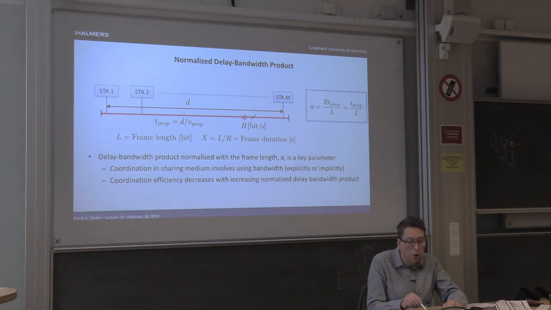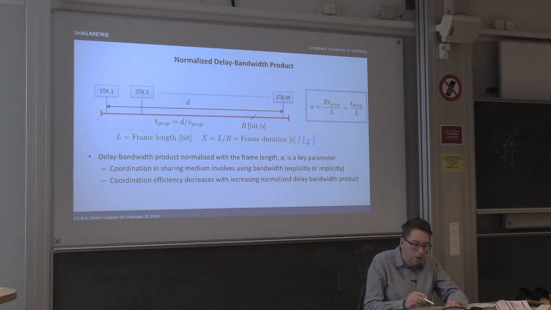The medium can support R bits per second. Remember that L is the frame length. Let's now introduce a new variable called x, which is L divided by R, and that's the frame duration. This is something that used to be called T_F earlier, the frame duration, but in this chapter it is called x.